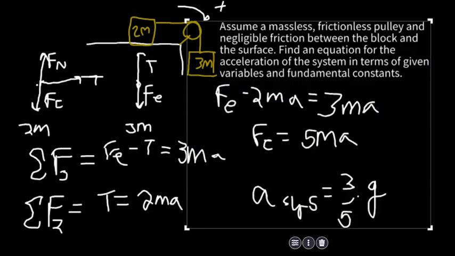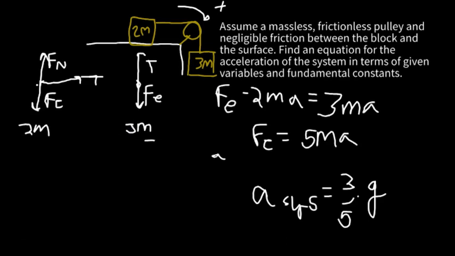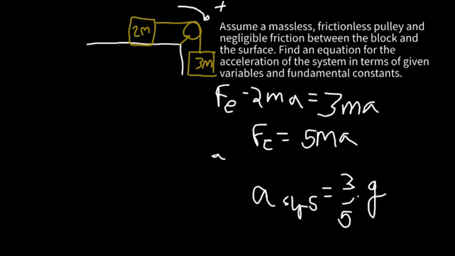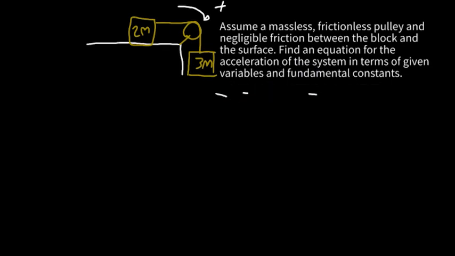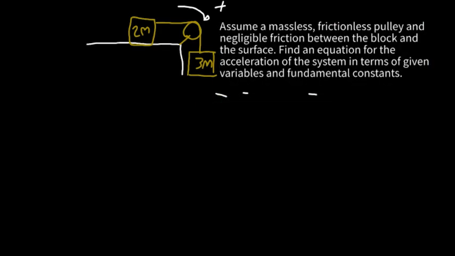So I'm going to clear this work a moment. So what you're really doing is looking at the two blocks as more like one object, but not quite, more like the system itself.